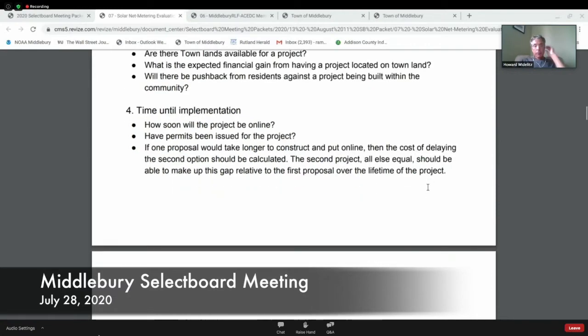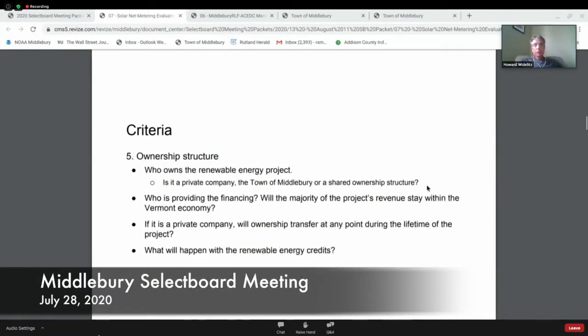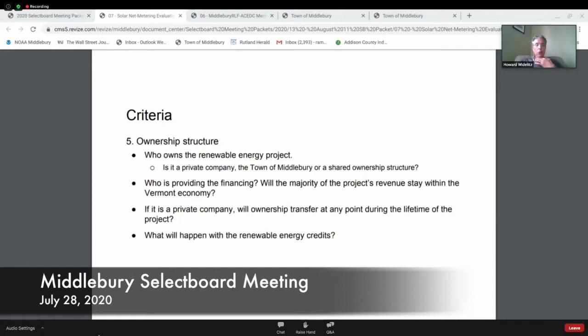All right, so the next one would be the ownership structure. And it's really who owns it. Lots of considerations are: are we keeping it within the state in terms of the state economy, or even better yet, the local economy? Those are things that we factored into this decision.